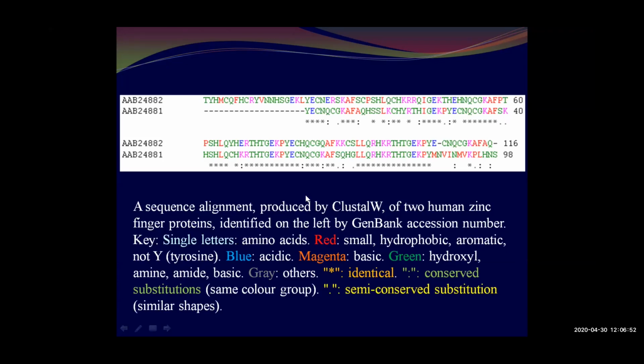So if one amino acid of a particular kind is replaced by mutation by another amino acid of the same group, it may not result in any change in the protein property. Clear? So therefore, we have to look into such kind of changes also.